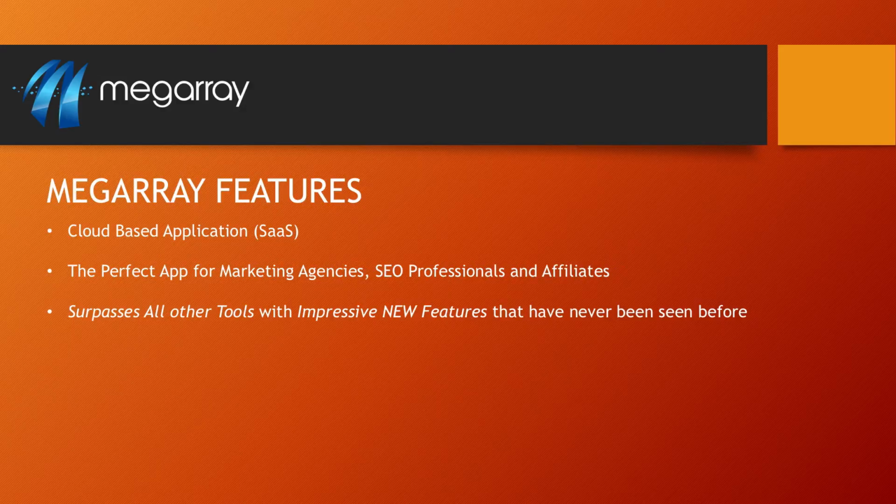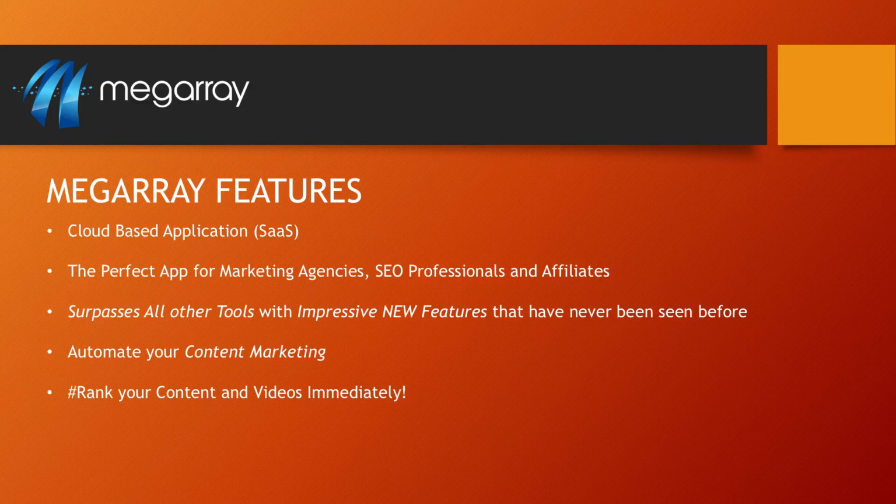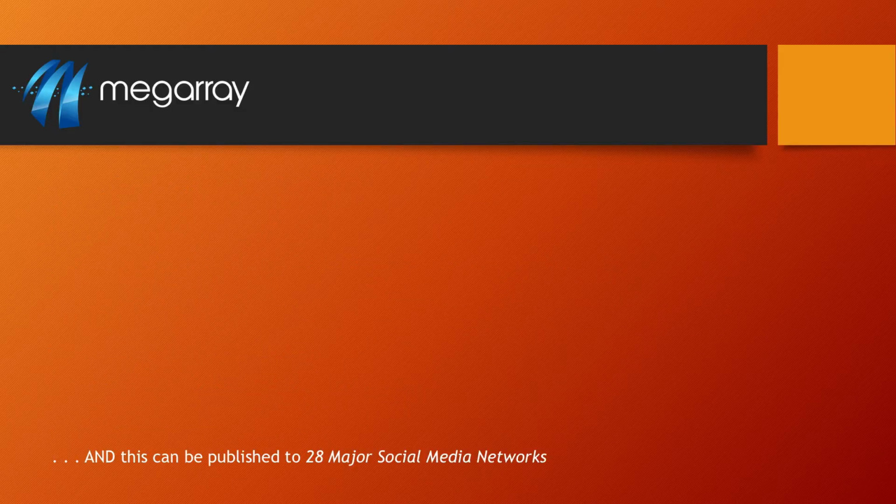So some of the things that we've shown you and other things that we're about to show you, you'll see that it has features that have never been seen before. As we've covered before, it allows you to automate your content marketing like nothing else ever has, and again, rank your content and videos immediately. And again, build endless authority links, which is very important to your success.